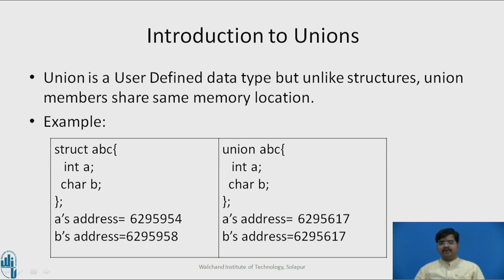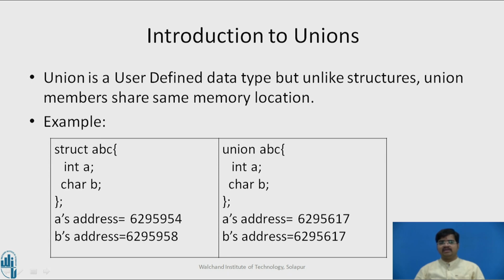Also observe the example: struct ABC with int a and char b, and union ABC with int a and char b. In the first example, we have declared two variables, one of type integer and one of type character. In the second example, we have declared a union with one variable of type integer and a second of type character.